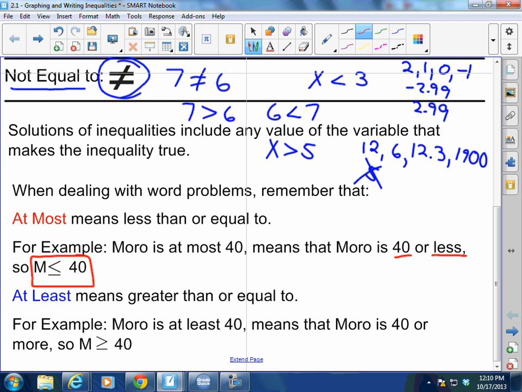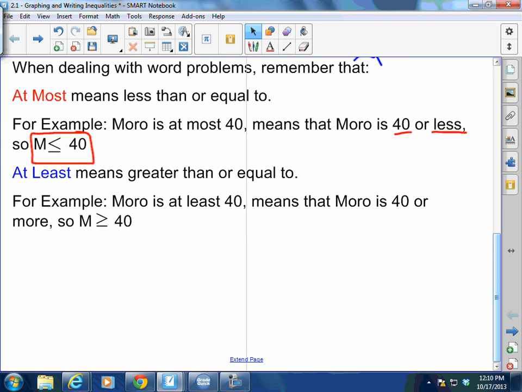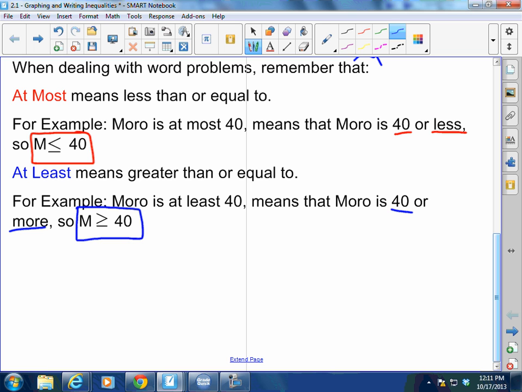Now, at least is reversed, is greater than or equal to. Mr. Morrow is at least 40 means that Mr. Morrow is 40 or more. So if I told you write the inequality, Mr. Morrow is at least 40, it means that M for Morrow is greater than or equal to 40.